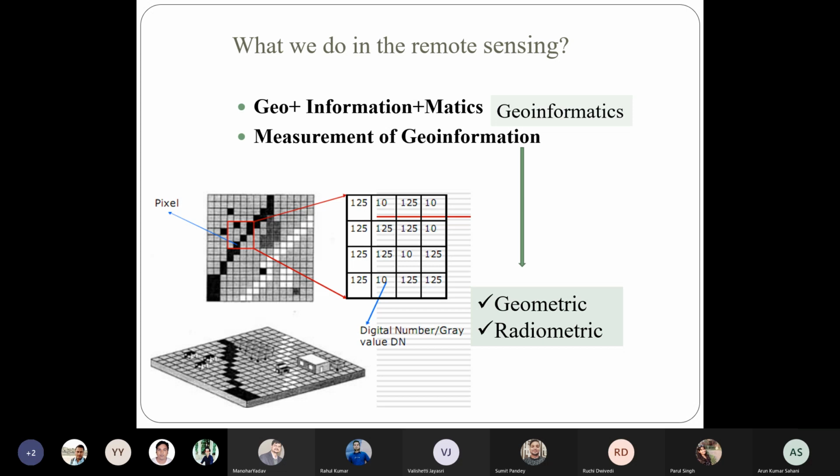So the color assignment is done for the analysis only. And in the background of that color, there is a digital number and its equivalent binary number is stored on the disk.